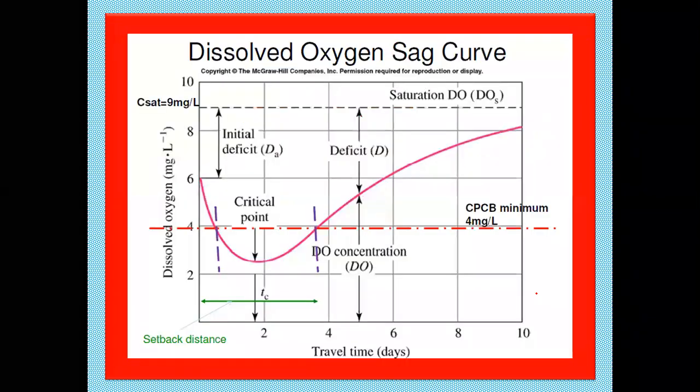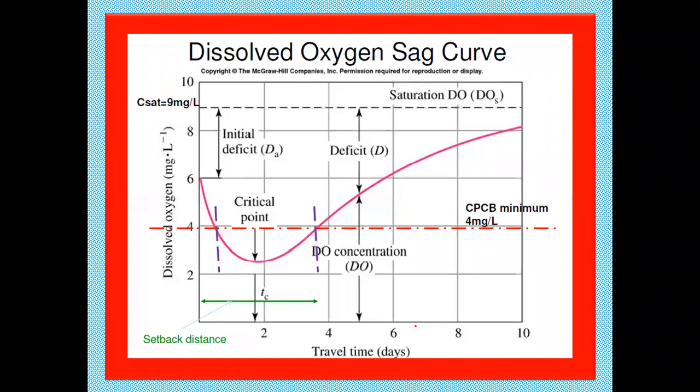Then in 2D, if you draw the dissolved oxygen sag curve, it can be drawn like this. Actually this is not there in the syllabus, but I have seen a question, that's why I'm going to discuss this now. If you get a question, write this graph. On the x-axis you have time in days. On the y-axis you have dissolved oxygen, right?